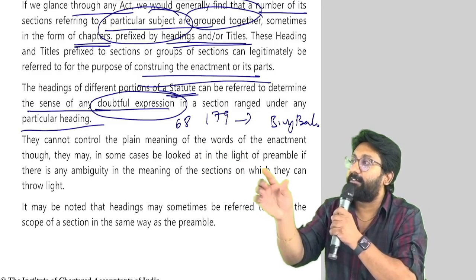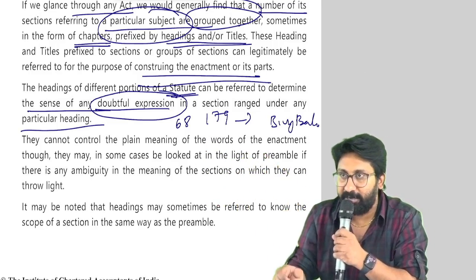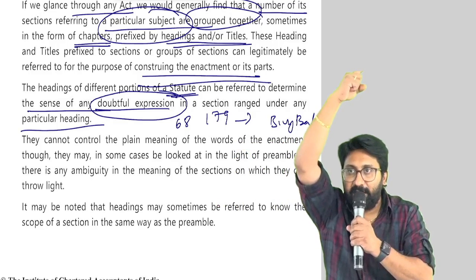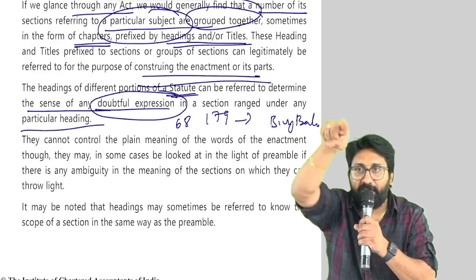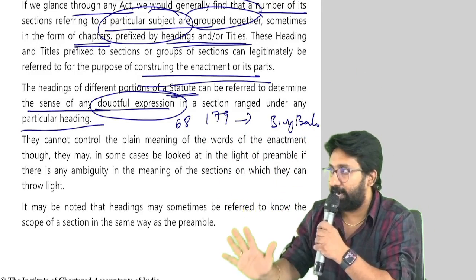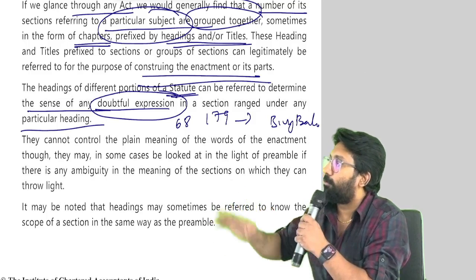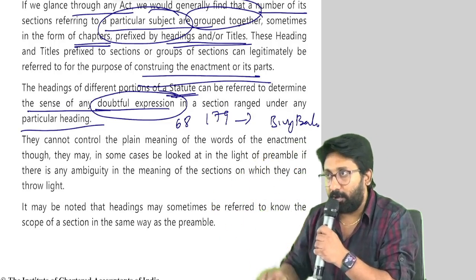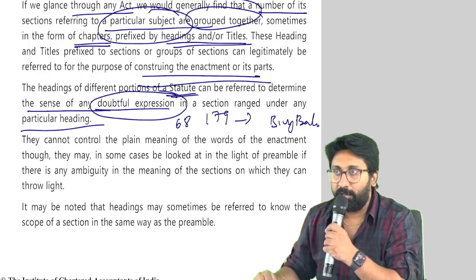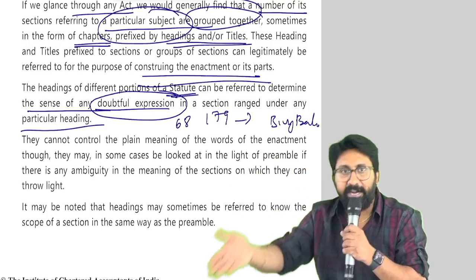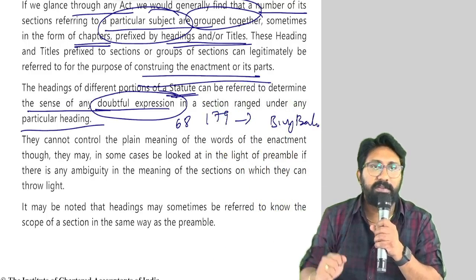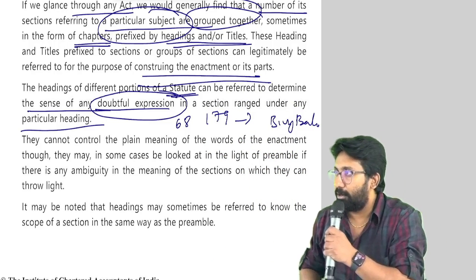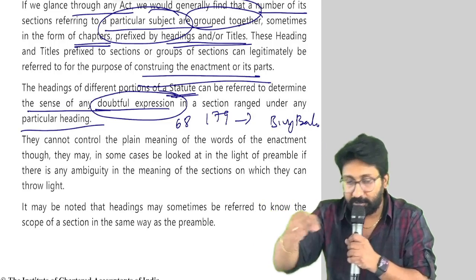When a particular word gives rise to a doubtful expression, go to the chapter, check where it falls, and directly read that chapter; you can understand. For example, I wanted to know how buyback is made. Where to go? Chapter 4. Which section? 68. Buyback full details will be there. Read that and again come back to 179. Understood the point clearly? That's what he wanted to tell.